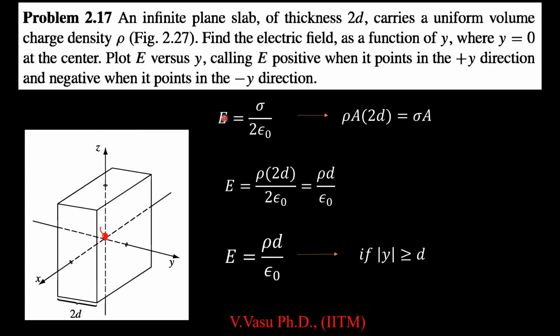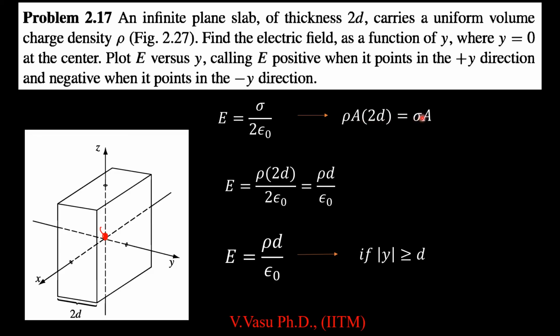Now, by definition, we know the electric field due to infinite plane slab is equal to sigma divided by 2 epsilon naught. But here the given parameter is rho, volume charge density. So the total charge is rho multiplied by the volume. That is, volume is area A into thickness 2d.